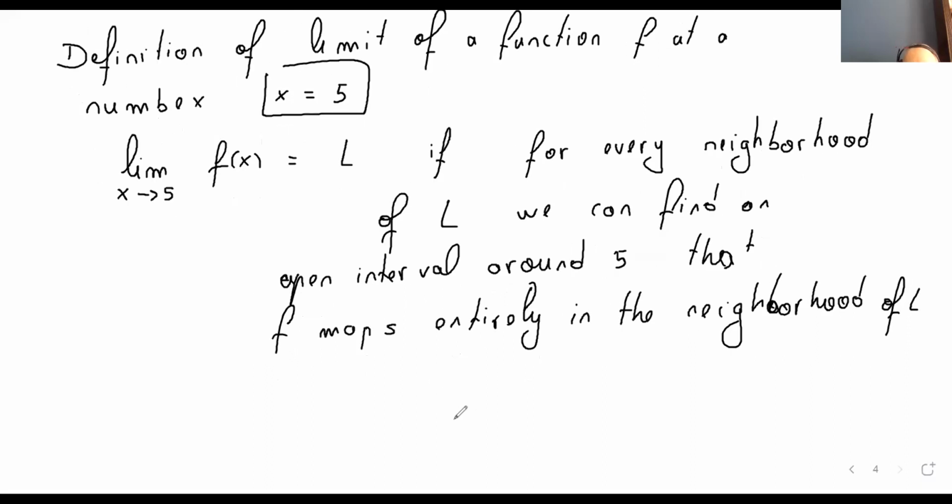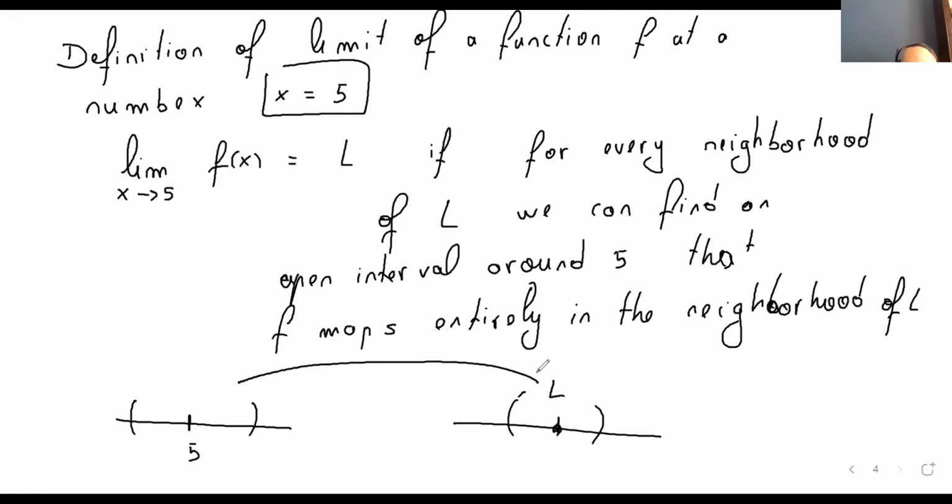So here's what I mean by that, folks. If I represent L here on this line, and I take a neighborhood like this, neighborhood meaning a very small interval around L. So L is over here, and I represent the starting values, the values around 5 over here.